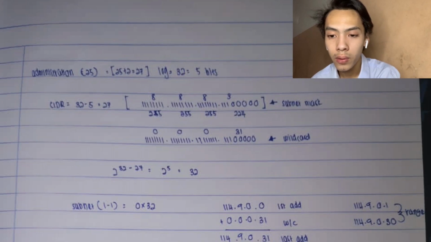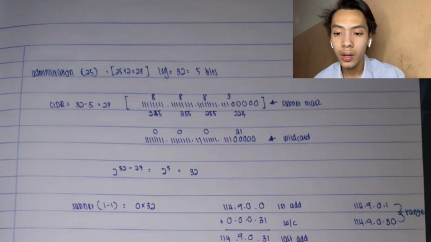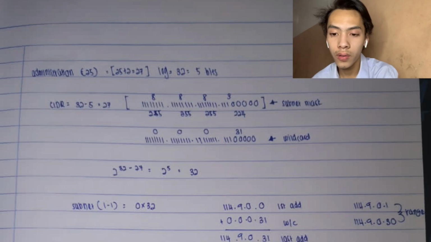Then for the subnet we calculate 2 power of 32 minus 27, so we get 2 power of 5, which is 32. For subnet 1 minus 1, we get 0 multiplied by 32, which is 0.